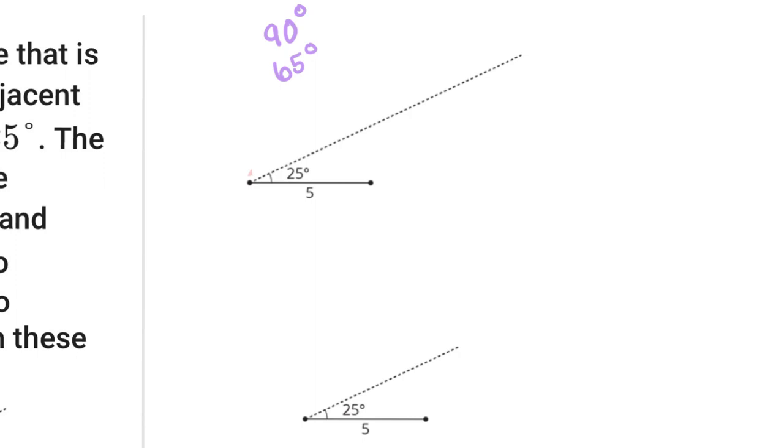So if I look at my first one, and I make this a 90-degree angle, then that means this angle is 65 degrees. So there's one of my triangles that can be made with the 90-degree angle and the 65-degree angle. You're going to actually have to draw that and show it.